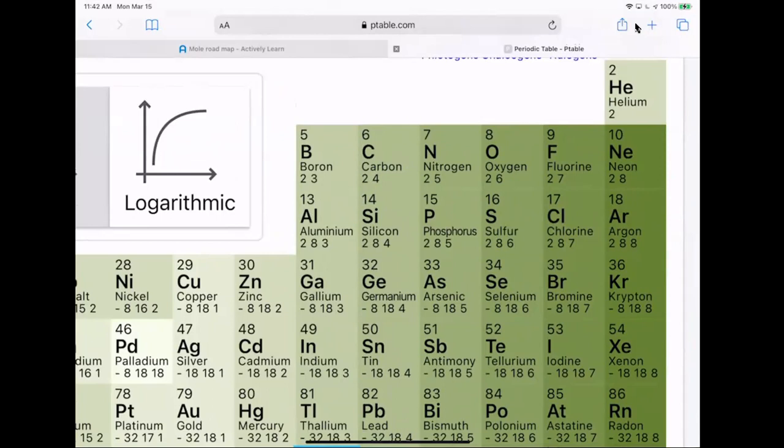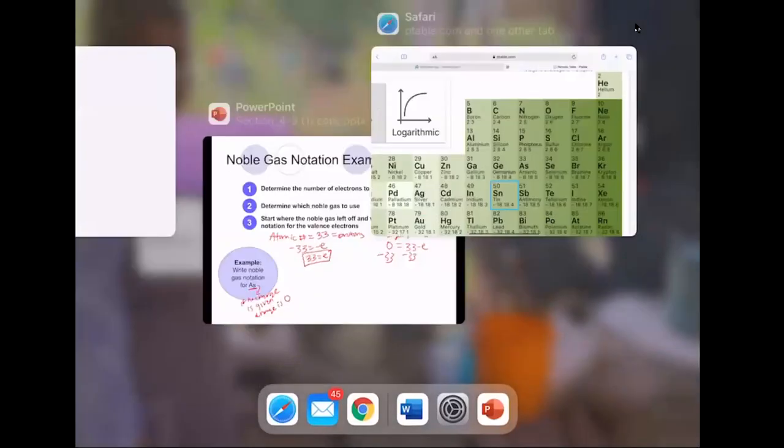Neon is one of them, but is there one closer than neon? Argon, yep, argon is closer. If you had to choose between neon and argon, your correct answer would be argon, because argon is 18 and neon is just 10. So we need the one that's closest.